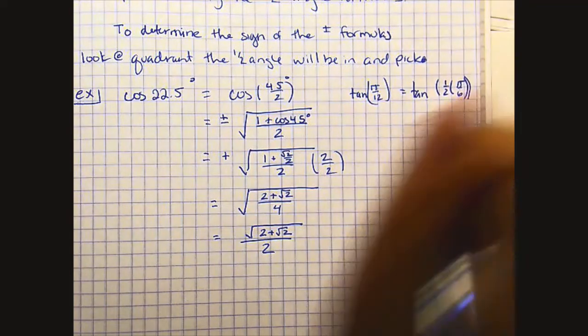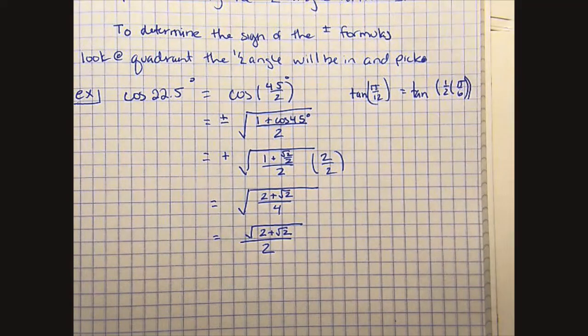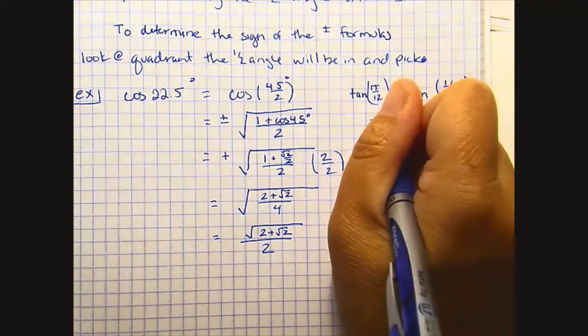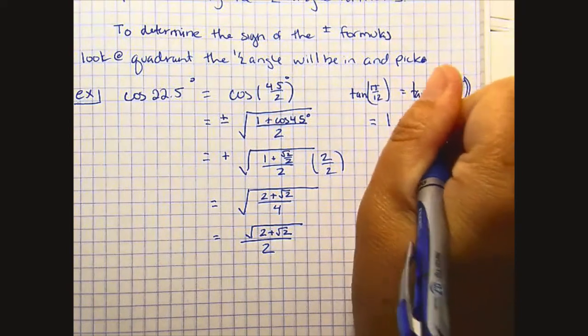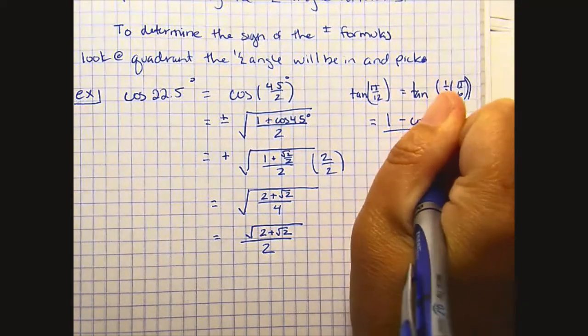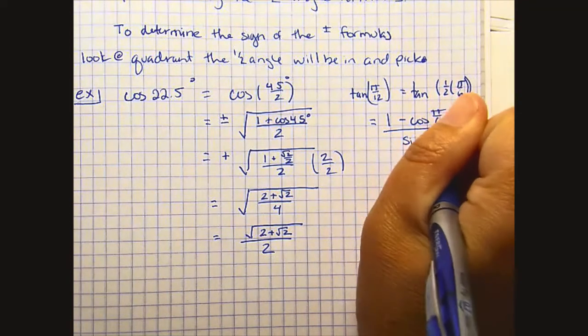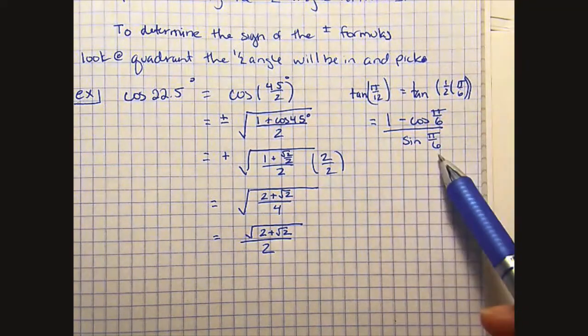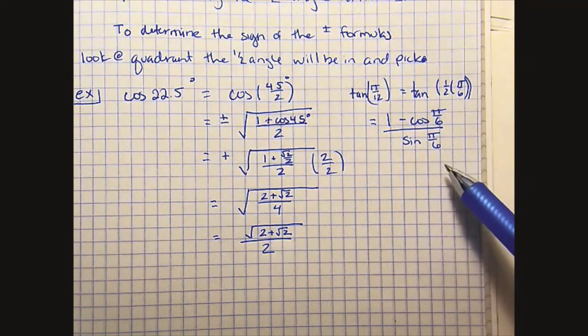Now, I'm going to use the formula 1 minus cosine of pi over 6 divided by sine of pi over 6. And I'm using that one because sine of pi over 6 is 1/2, and that will help me get rid of that fraction.